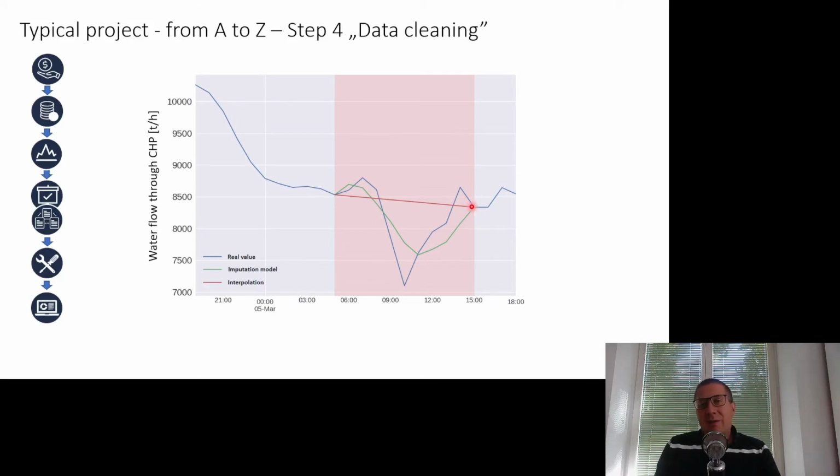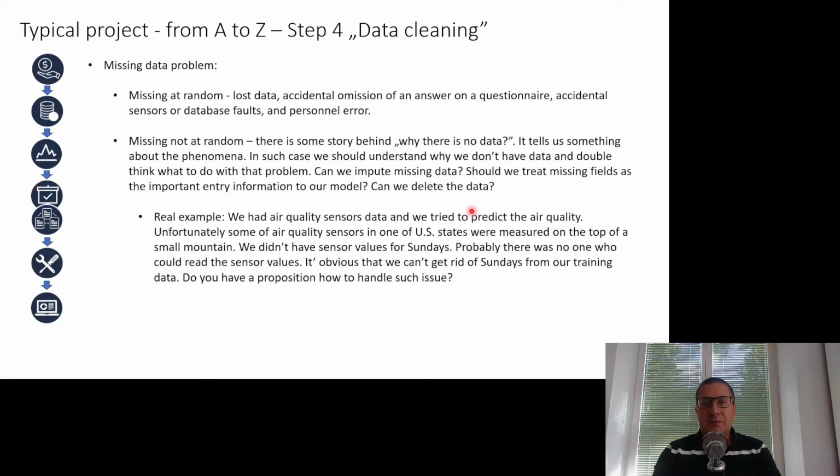However, our nonlinear model, the artificial neural network that tries to predict the flow, suggested that the flow should be like this, because the flow in other CHP plants has changed, the temperature of the water has changed, so it was enough to provide a relatively good estimation of the missing value. Good enough for the purpose of the project.